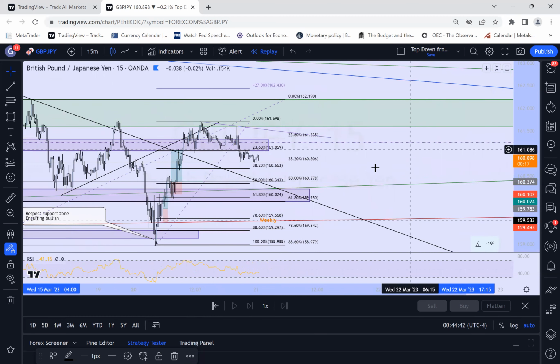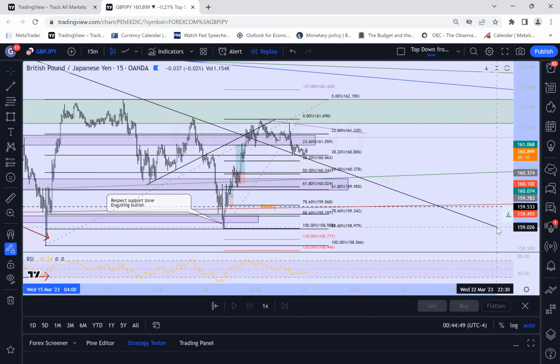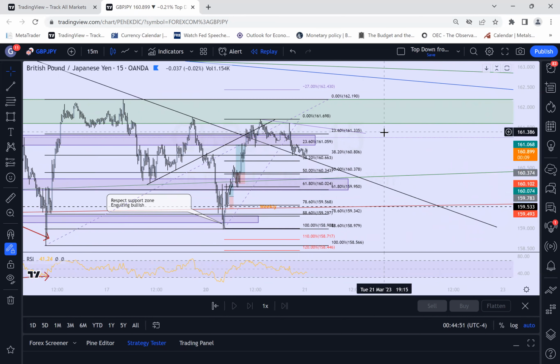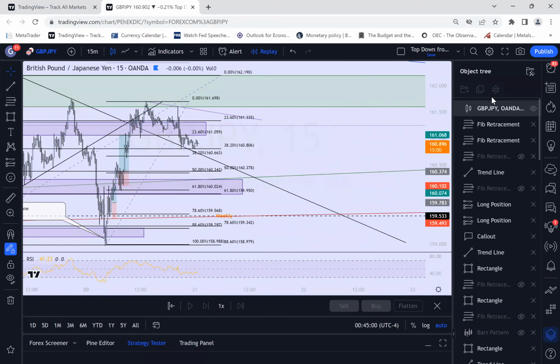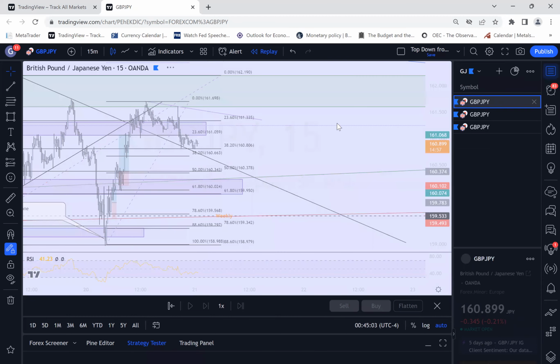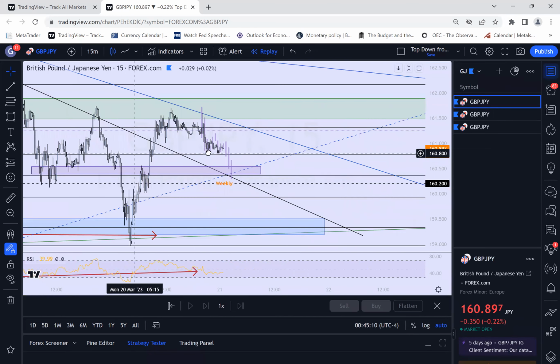So on a different chart, because like I said, I'm playing around with them. For this one, I'll just leave it here and we'll see. Right now, price is consolidating, so I don't really know what to do per se. But on the next chart, I have it down here and I actually have a different zone. I have the zone that I just outlined.